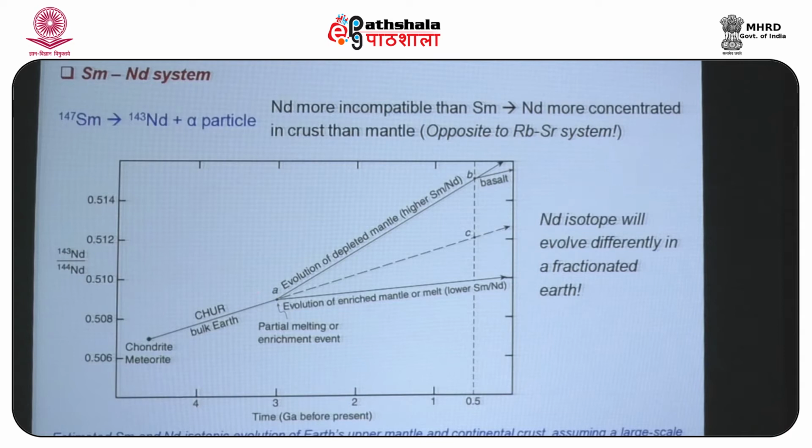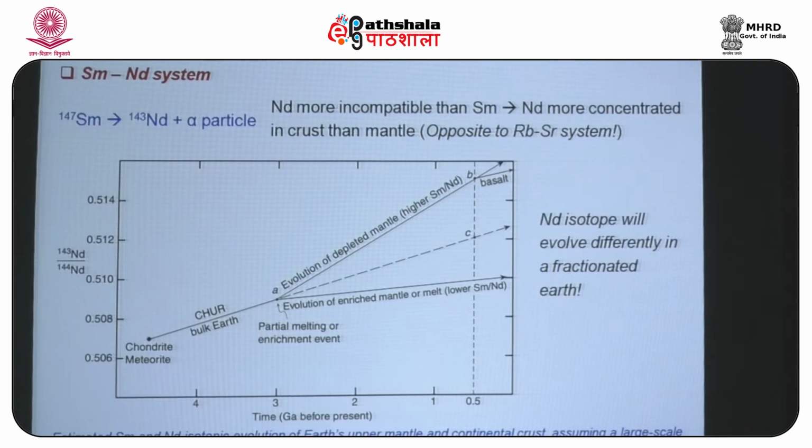Now, if we again consider a large scale melting event around 3 billion years ago, which created granitic type melts and ultimately the continental crust, then most of the neodymium has preferentially moved into the melt and ultimately been deposited in the crust. So, the crust became depleted in samarium, while the mantle preferentially became enriched in samarium relative to the bulk earth composition.